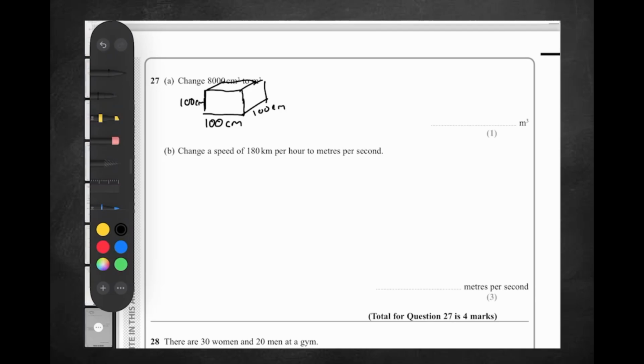So if I convert these, this would actually be 100 centimeters times 100 centimeters times 100 centimeters equals x centimeters cubed. So we'll say 1 meter times 1 meter times 1 meter equals y meters cubed, which is the equivalent, because 100 centimeters is 1 meter.